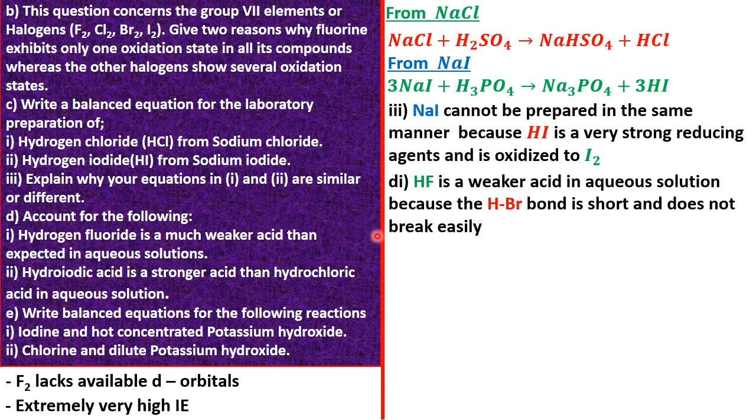It is a weak acid compared to hydrogen bromide because the bond between hydrogen and fluorine is very short and does not break easily, whereas that for bromine is lengthy and can break easily.